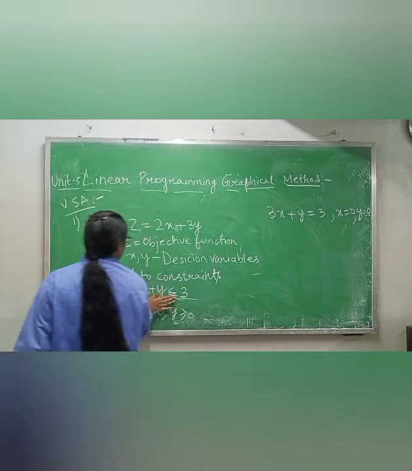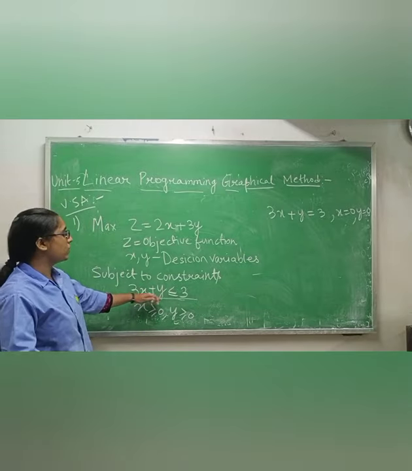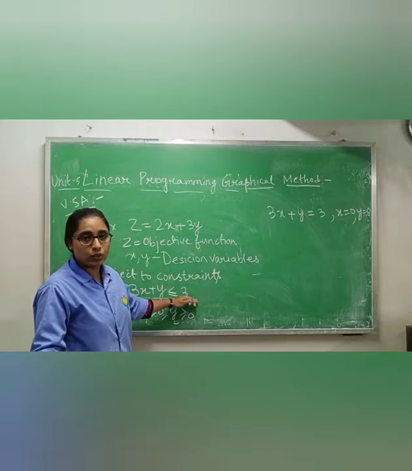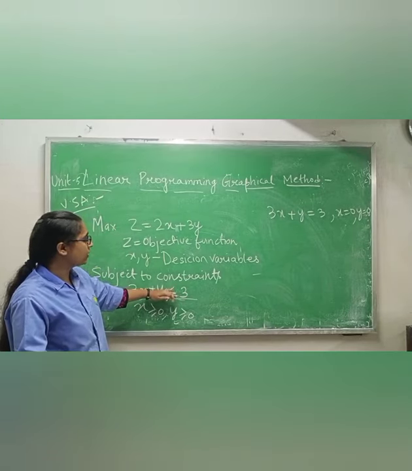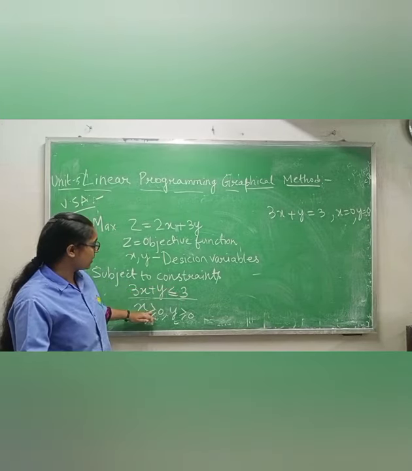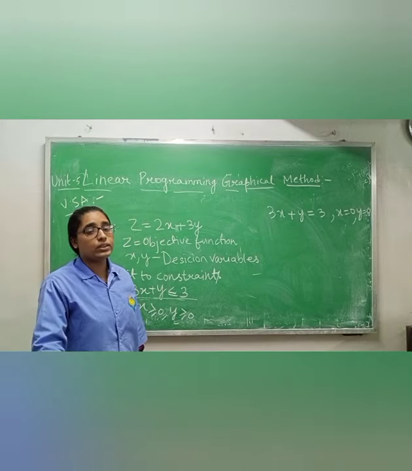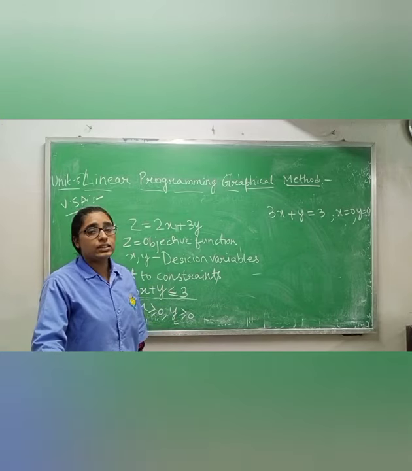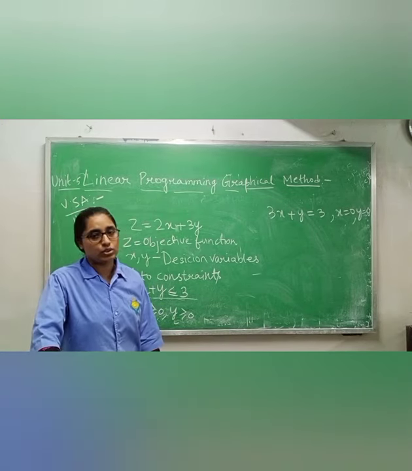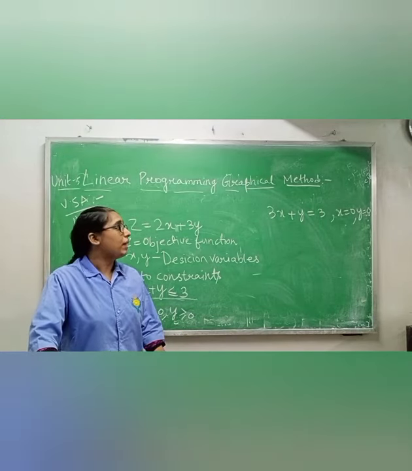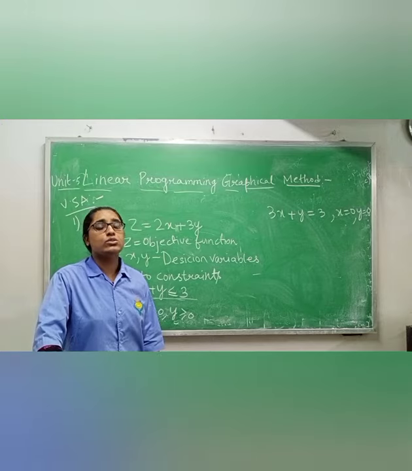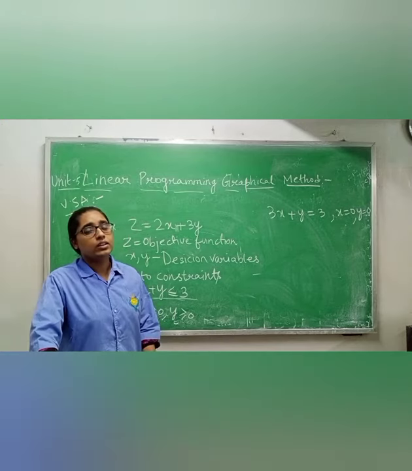In your question it is given 3x plus y is less than or equal to 3, but since we are removing the less than or equal to sign, or the greater than sign, from each one, we say this is an auxiliary equation. Why are we removing it? We are removing it to find some values of x and y so that we can put them on a graph.